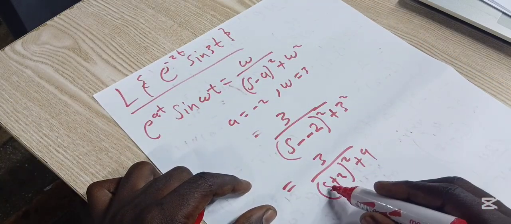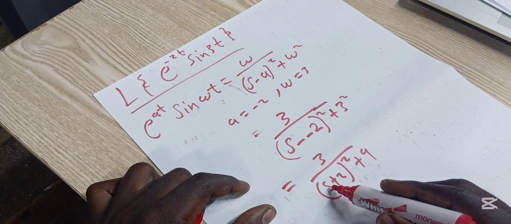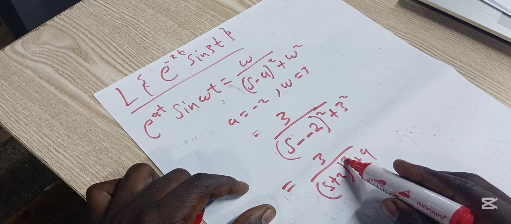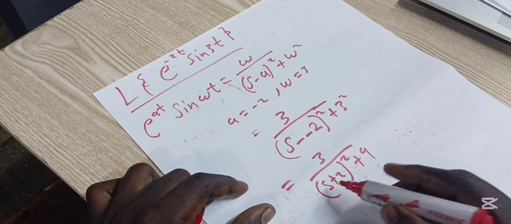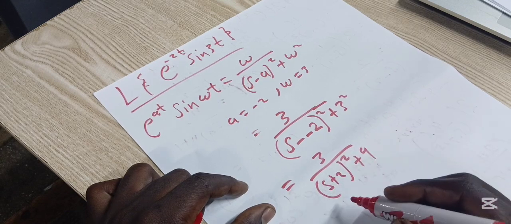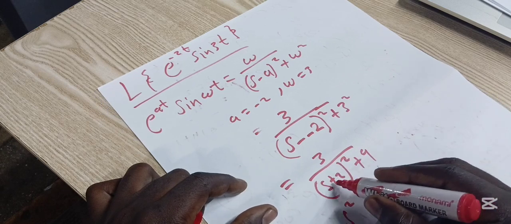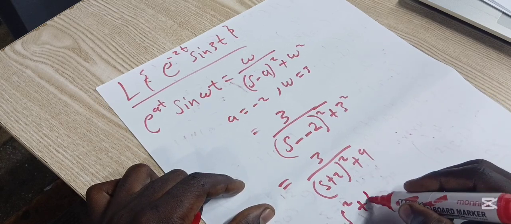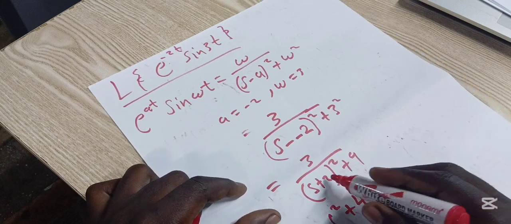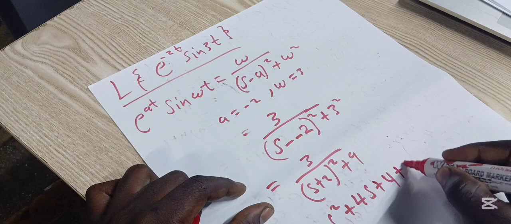We square s to give s squared, then 2 by s by 2 gives us 4s, and lastly, 2 squared gives us 4, plus 9.